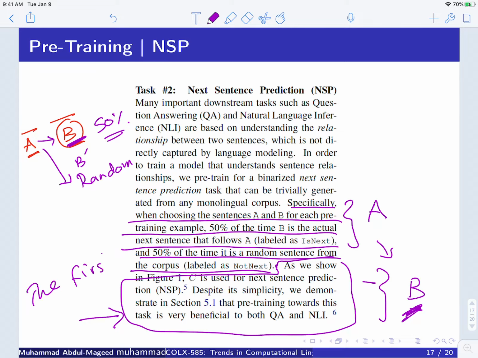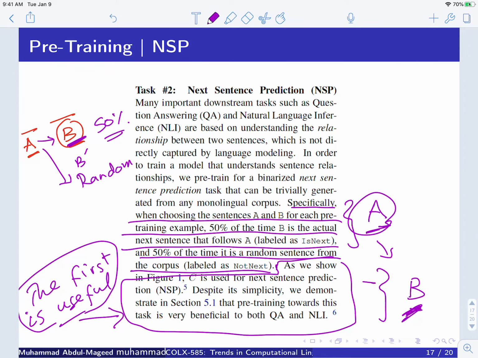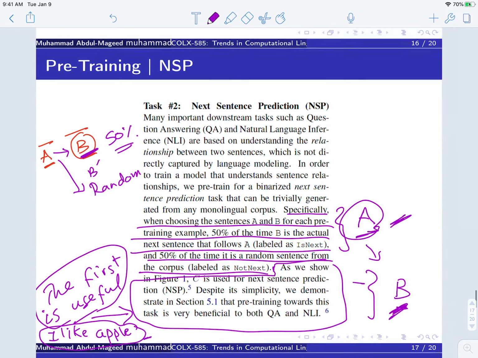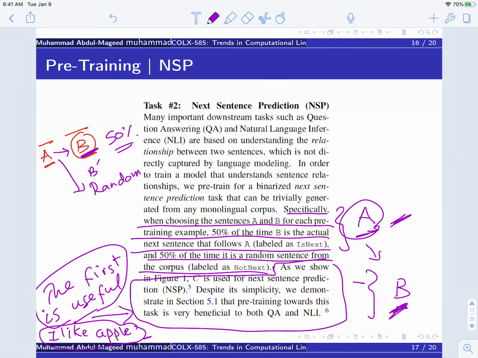Let's say this was the sentence I picked randomly, and it doesn't occur after this real sentence. For example, "I like apple." How is this sentence related to sentence A? It's not. That's what next sentence prediction is: they cast it as a binary classification task with a good sentence and a bad sentence.